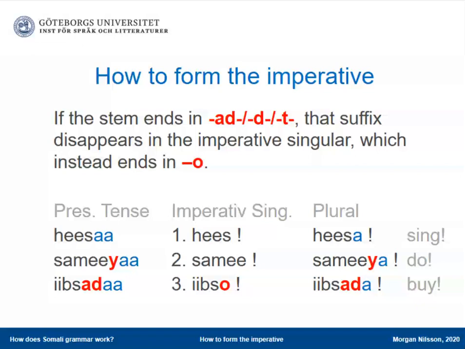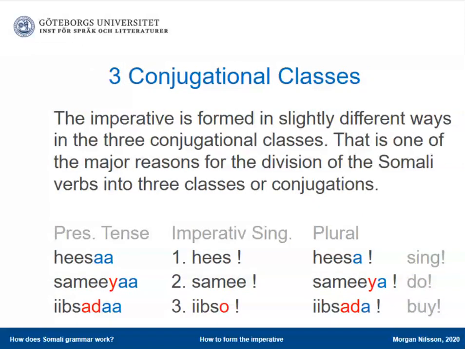So we have basically three different ways of forming the imperative in Somali. And this is largely why Somali is said to have three verb classes or three conjugational classes. Conjugation, that's the inflection of verbs.